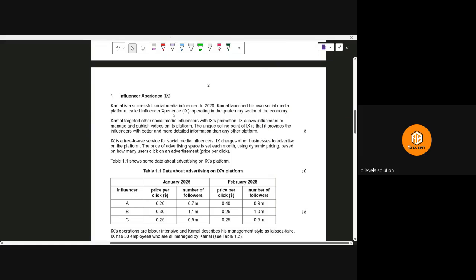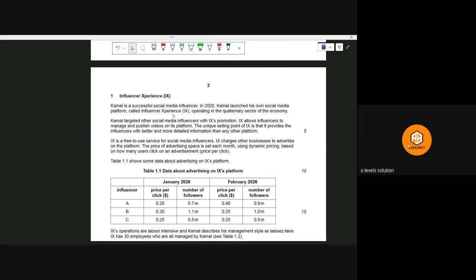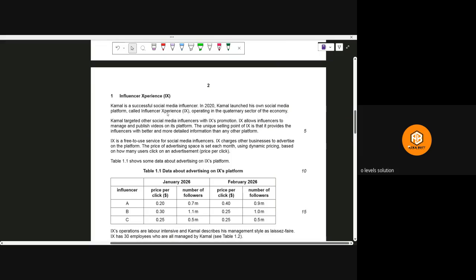Okay. So this is his own social media platform, called Influencer Experience, operating in the quaternary sector of the economy. Why the quaternary sector?